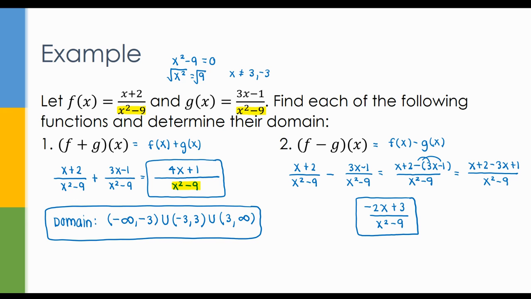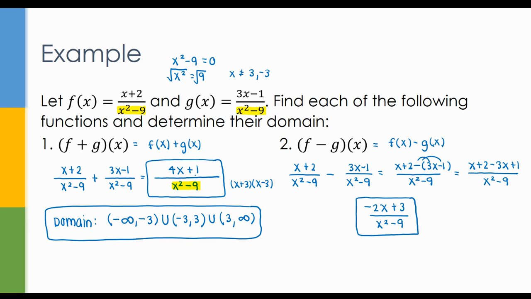Something that I forgot to mention, but it's not going to be relevant in either of these cases, is that technically the x squared minus 9 is factorable. It factors into x plus 3 times x minus 3. Once we've combined our numerators, if we can take out a GCF or something like that, we would want to. And if I can factor the top, and I see that there's something on the top that is also on the bottom, then we would want to simplify that down.